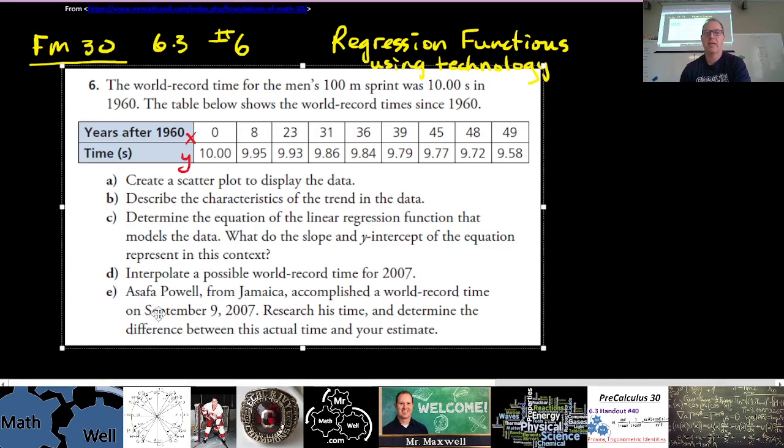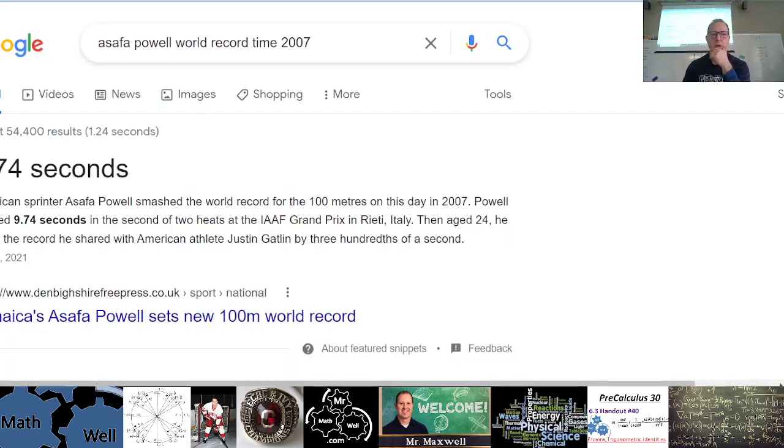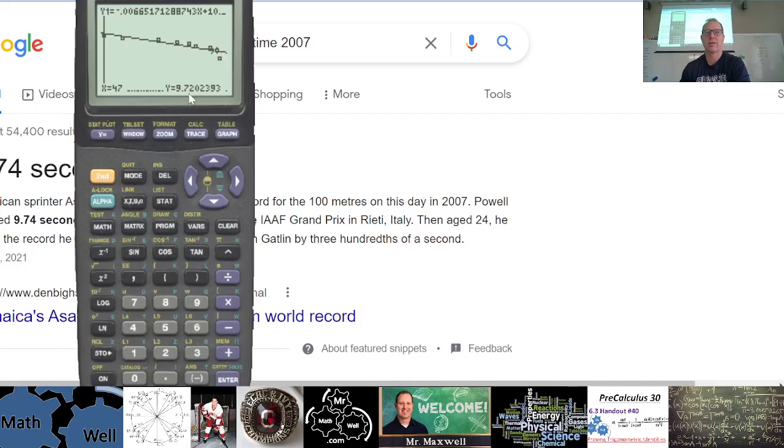Asafa Powell from Jamaica accomplished a world record time on September 9, 2007. Research this time and determine the difference between this time and your estimate. So Asafa Powell, 2007, maybe we'll look that up real quick. His world record time was 9.74 seconds in 2007. So that's about 0.02 seconds off what we calculated at 9.72.